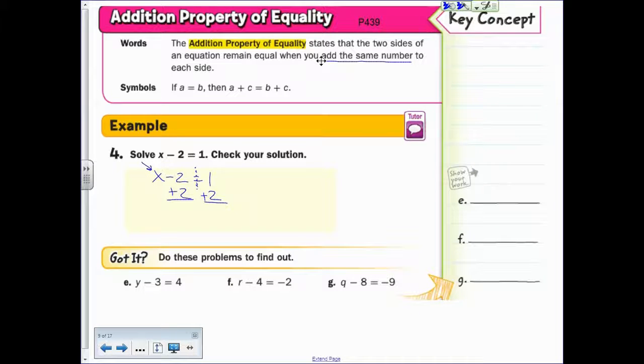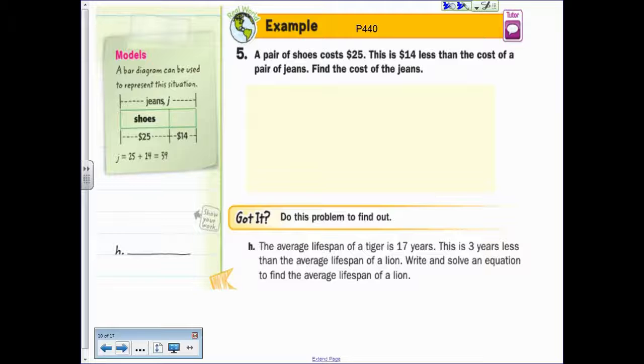So negative 2 and positive 2, they cross out because they equal 0, which means I'm going to drop my x down. And then 1 and 2 are both positive, so I will just add them together, which gives me 3. So my solution is x equals 3. So adding to both sides of the equation. You can do E, F, and G after the video, but let's go on to our last word problem.